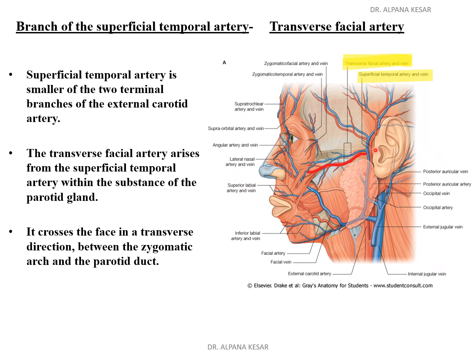Of the two, the superficial temporal artery is smaller, and superficial temporal artery gives rise to transverse facial artery, which travels transversely in the face between the zygomatic arch and the parotid duct. It supplies blood to the lateral aspect of the face.